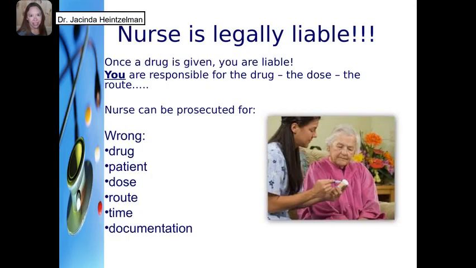Now, when it comes to administering medications to your patient, the nurse is legally liable. So think about that. You as the nurse, you have a big responsibility when you are administering medications. Once you give that drug to your patient, you are now liable. You are responsible to make sure that you have given the correct drug, the right dose, you gave it the right route.